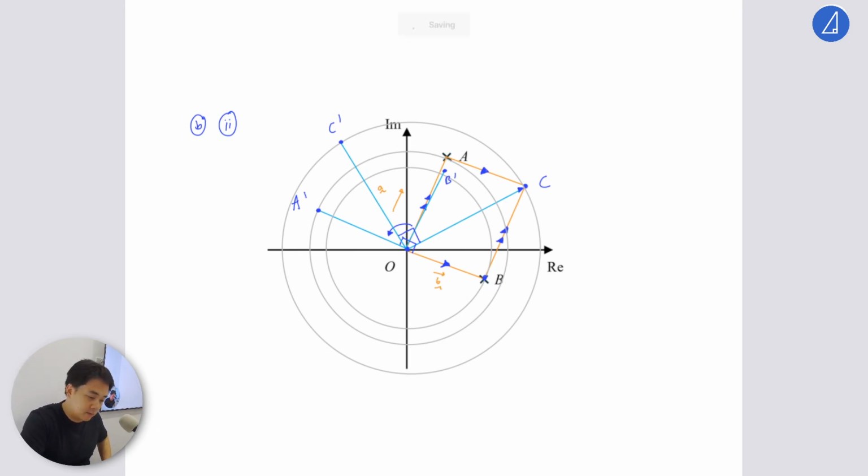Part 3 is what? A prime prime is what? Third quadrant, right?